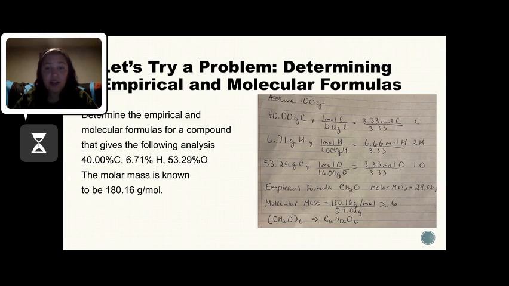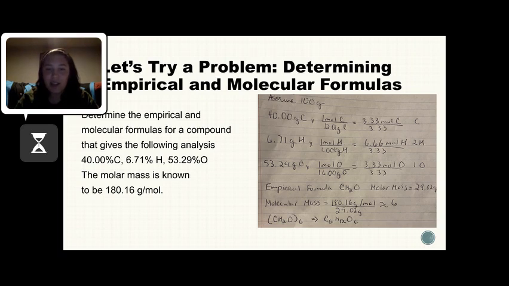So then we find the molar mass of this empirical compound. And we would find that it's 29.02 grams if we found the molar mass of that molecule. Well, according to the problem, our molar mass is actually going to be 180.16 grams per mole. So what does this tell us? It tells us that our empirical formula is not our molecular formula.